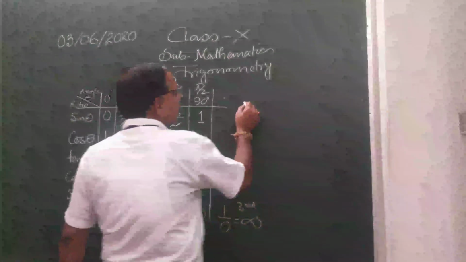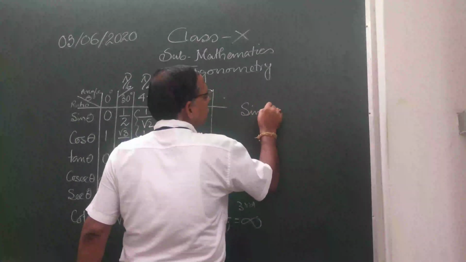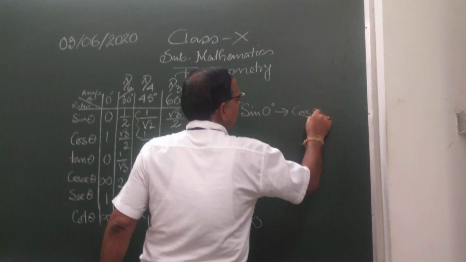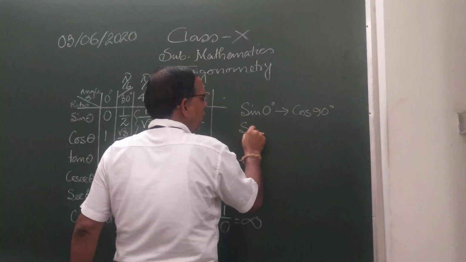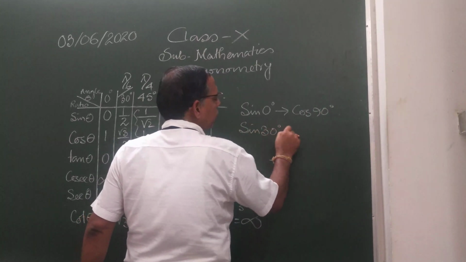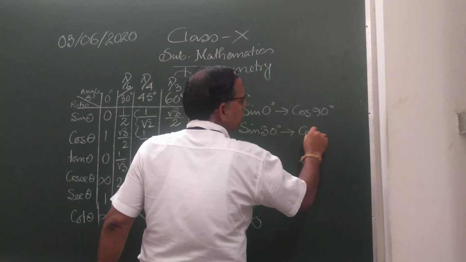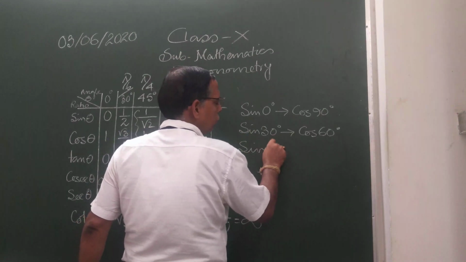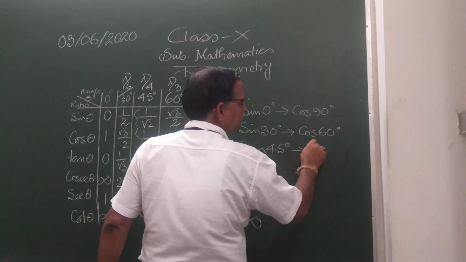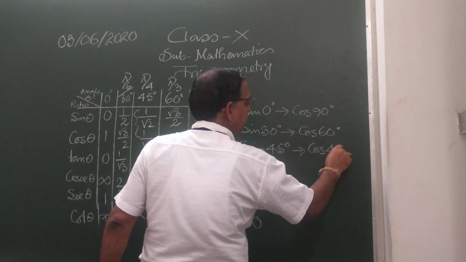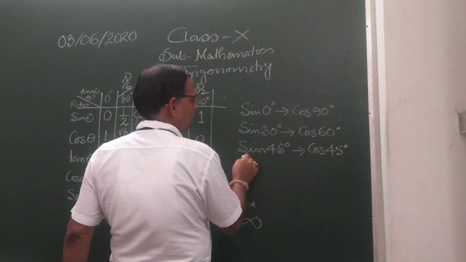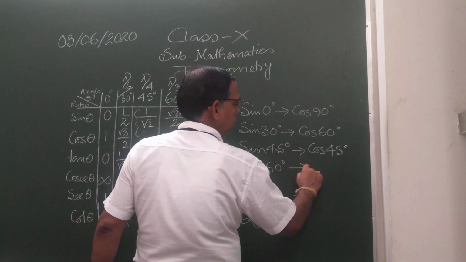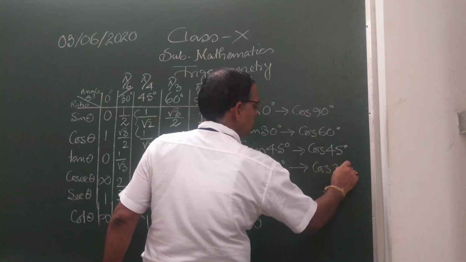And what did I say? Sin 0 degree, cos 90 degree. Sin 30 degree, cos 60 degree. Sin 45 degree, cos 45 degree. Sin 60 degree, cos 30 degree.